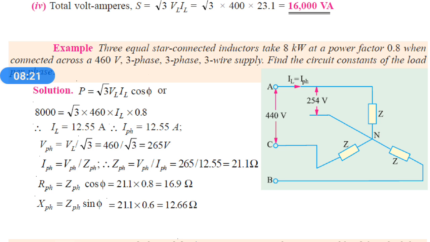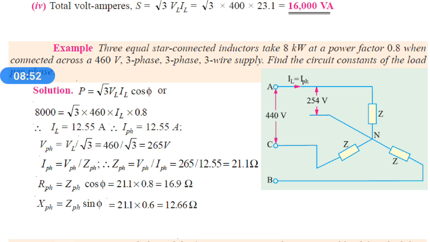From this equation we can find the Z phase: Z phase equal to V phase by I phase. V phase we calculated as 265 and I phase is 12.55. So 265 divided by 12.55 gives 21.1 ohm, that is the Z phase.